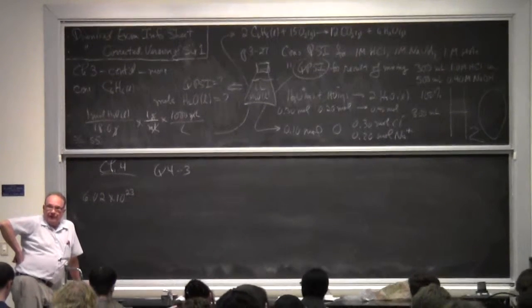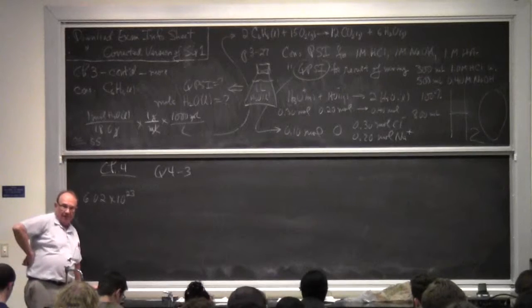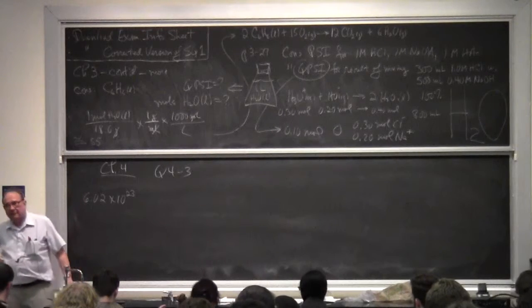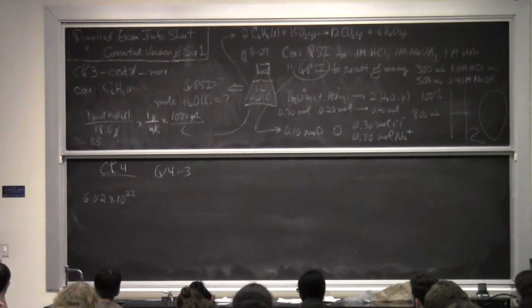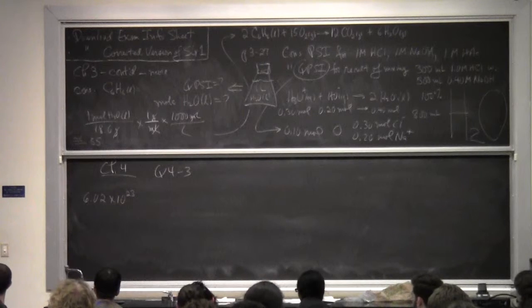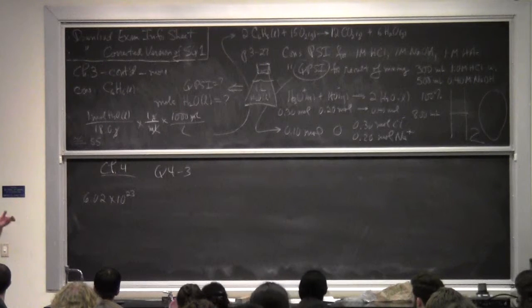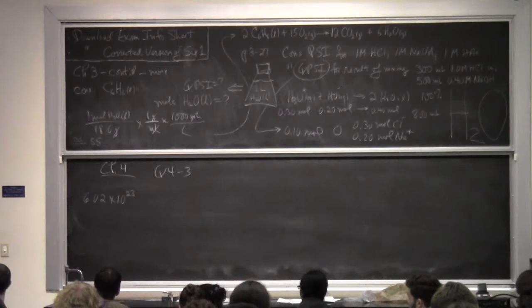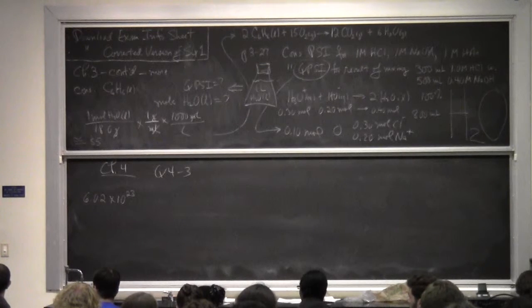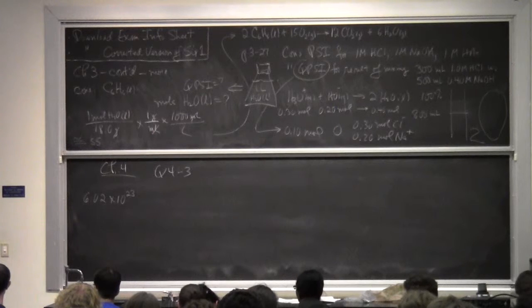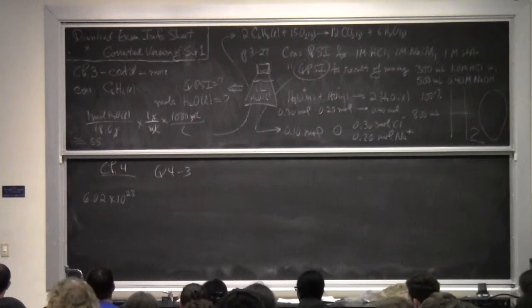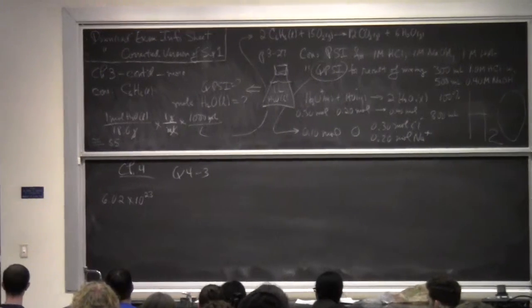When Avogadro reasoned that for moles of molecules, it didn't make any difference what the molecule was, CO2 molecules, water molecules, who cares, he had this number. It took 80 years after he made this recognition for the scientific community to accept it. 80 years.